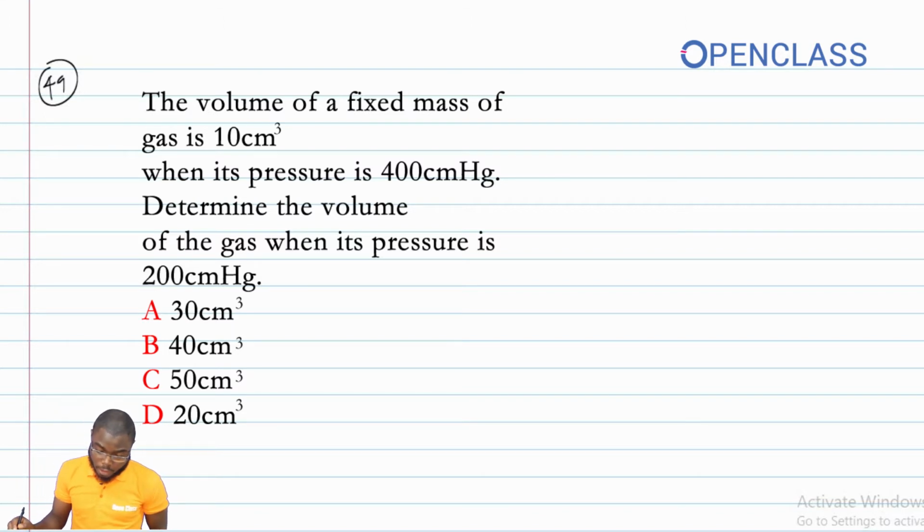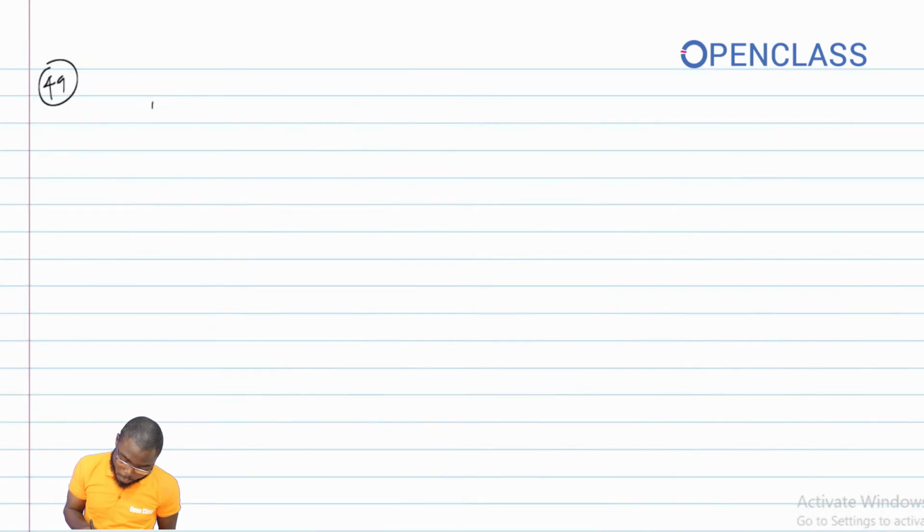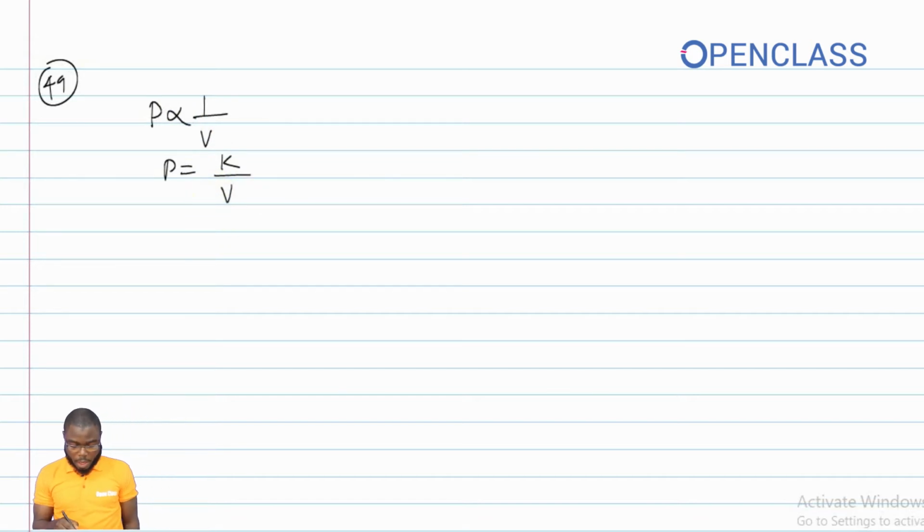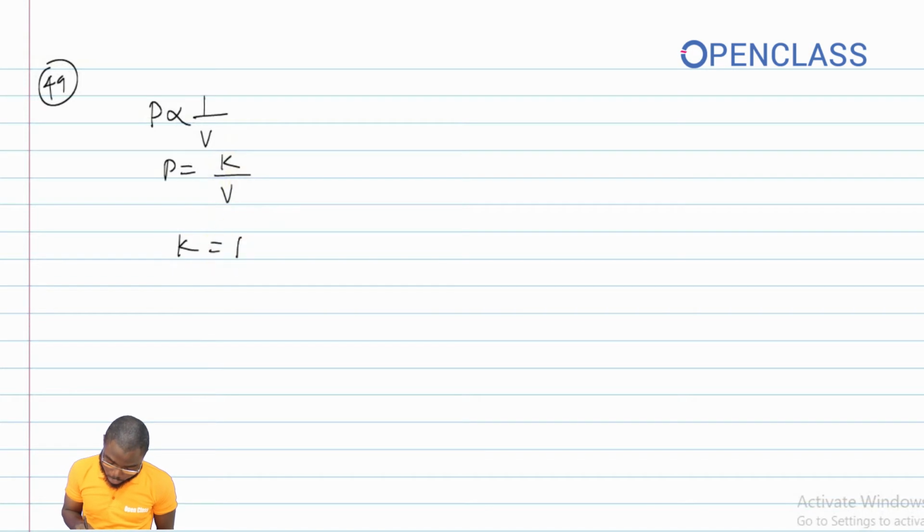You remember that pressure is inversely proportional to volume, from Boyle's law. So P equals K over V. When a proportionality sign changes to an equality sign, a constant is introduced. So K equals PV.